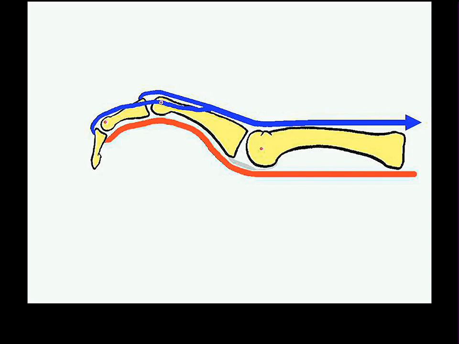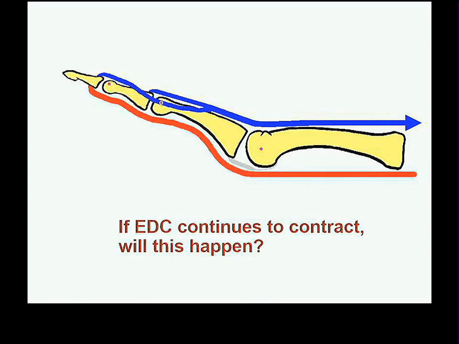That position of a finger, which is hyperextended at the metacarpophalangeal joint, and flexed at the two interphalangeal joints, is said to be the claw position of the finger. So trying to extend your finger just using extensor digitorum communis does not cause it to extend, it causes it to claw. What if I continue to contract extensor digitorum communis?